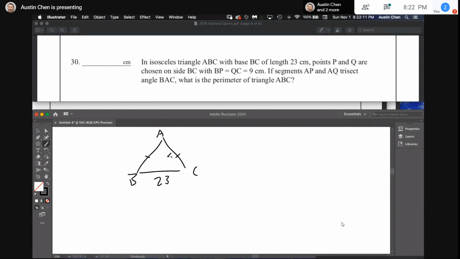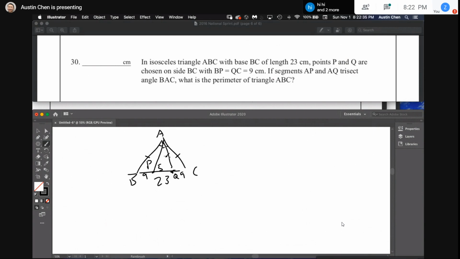P and Q are chosen on side BC such that BP equals QC. So BP equals QC equals 9. So then this will be 5. Your segments AP and AQ trisect angle BAC. And what is the perimeter of ABC?